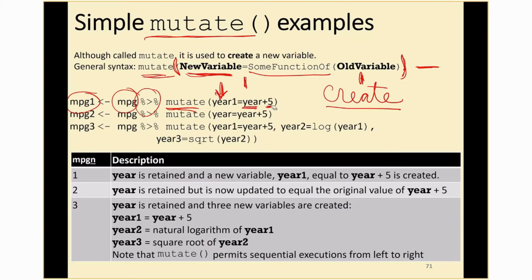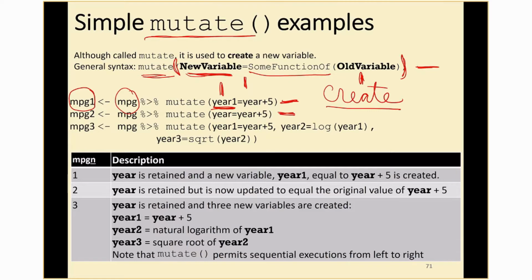In this next instance, note that the variable year is on both sides of the equation. So what this code is going to do is it's going to update the value of year. So if we compare this line with this line, in this first instance, mpg1 is going to have all 234 records of mpg, but it's going to have this new variable, a 12th variable called year1.